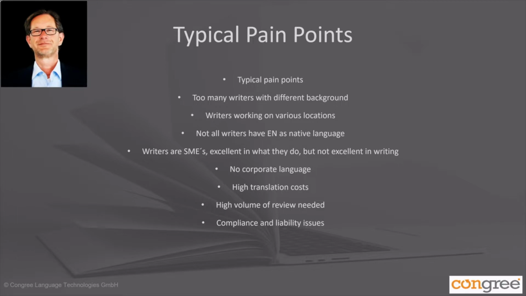And in addition, many companies we work with have problems with exploding translation costs due to missing consistency, because the more content you have, the more you have to translate. And of course, there are activities to avoid all of this by having a high volume of review. And of course, manual review also costs a lot of time and includes a lot of costs.